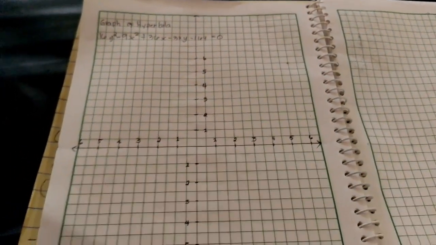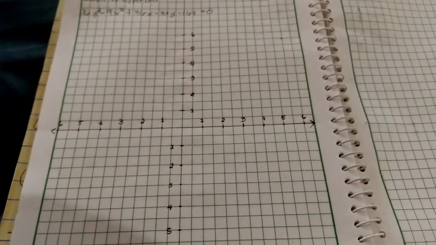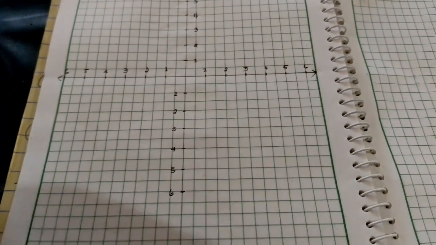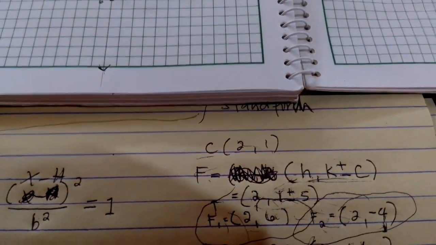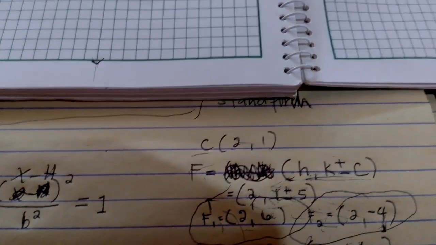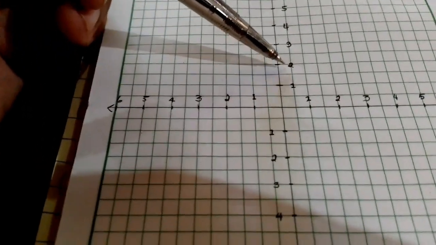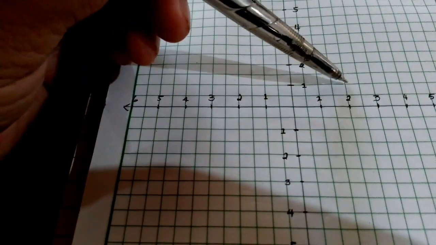As you can see, I have prepared the graphing paper, and I have put all the coordinates. Now we just have to plot our points. The center of our graph for the hyperbola is the coordinate (2, 1).